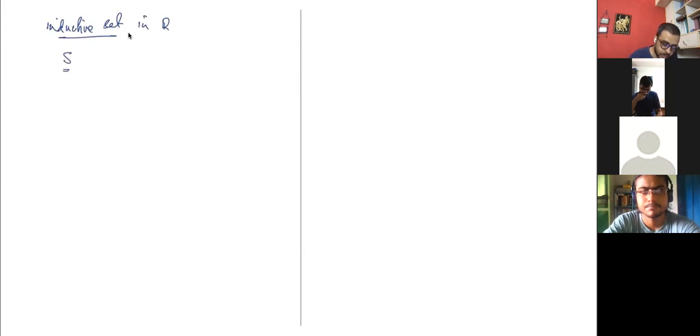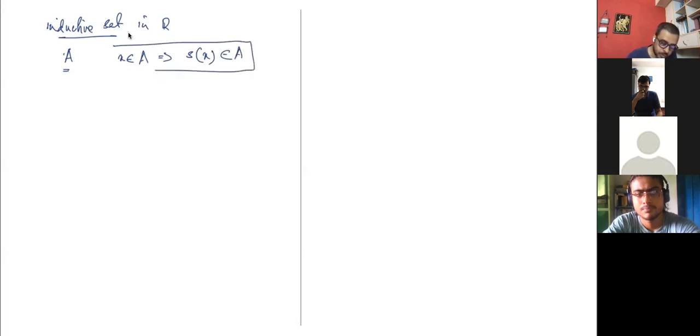A set S is an inductive set if whenever something x belongs to S, the successor x plus 1 also belongs to S. So if you call a set inductive, this happens.